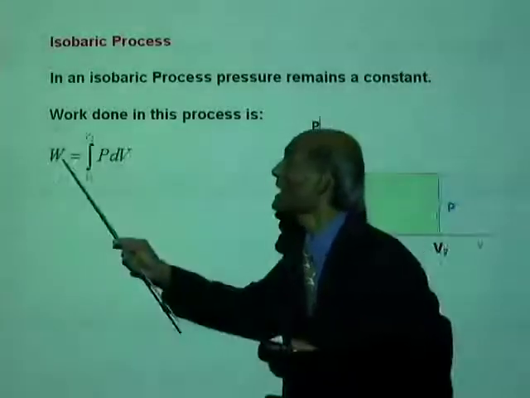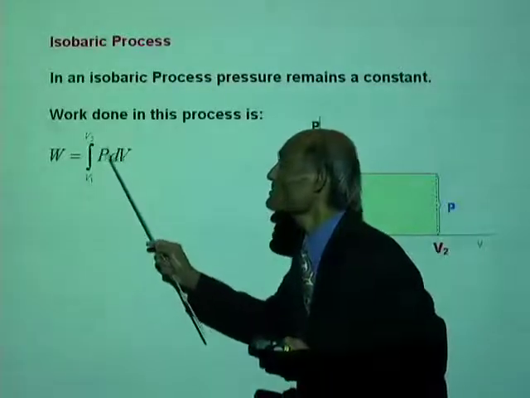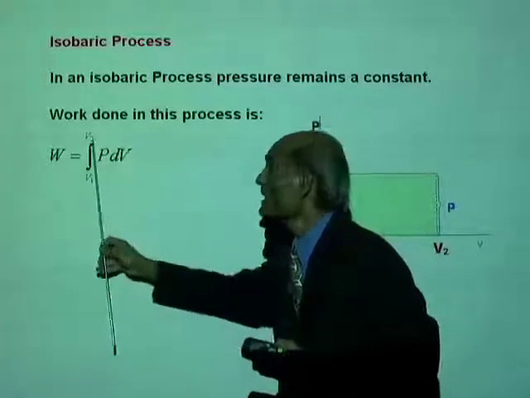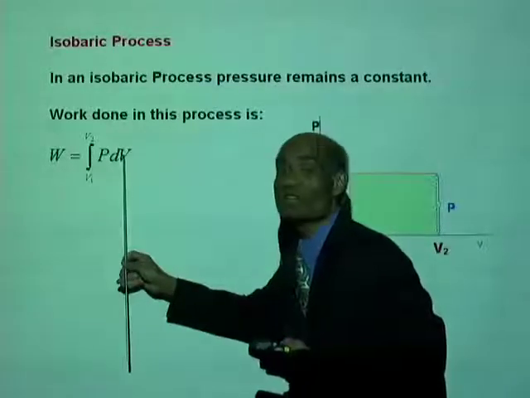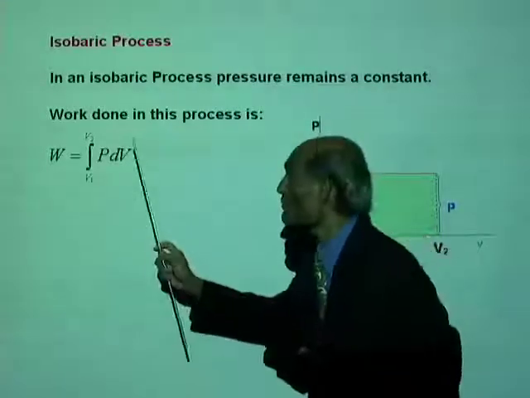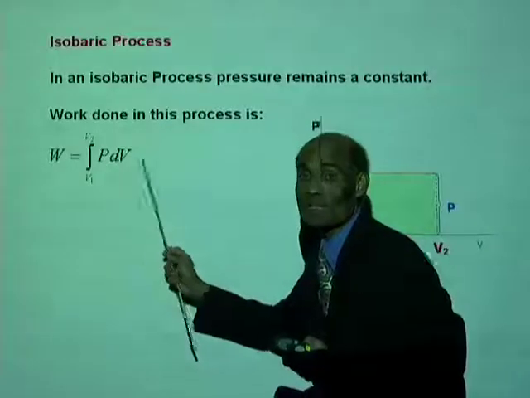The work done here, W equal to integral V1 to V2 of P dV. Remember, integral of P dV is a measure of the area under the graph of pressure against volume. You understand that, isn't it?